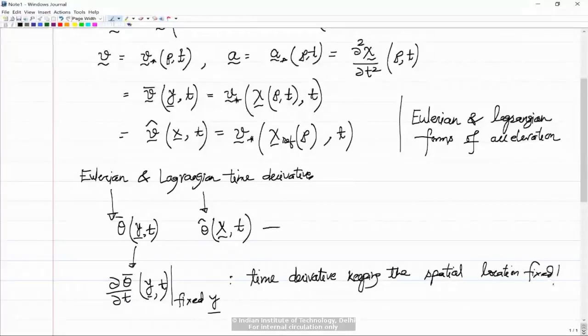Likewise, from here, you can think of del theta hat over del t. So this is at fixed x. So this is keeping the referential position of the particle fixed. Okay. So that's a physical meaning.